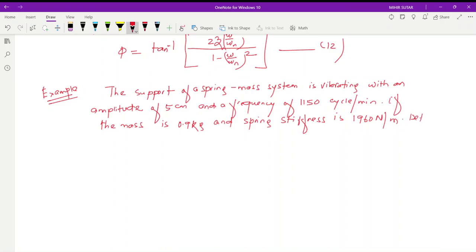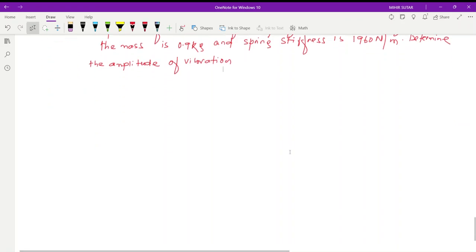Determine the amplitude of vibration. Determine the amplitude of vibration of mass.